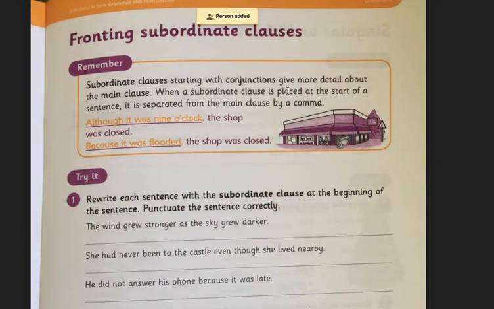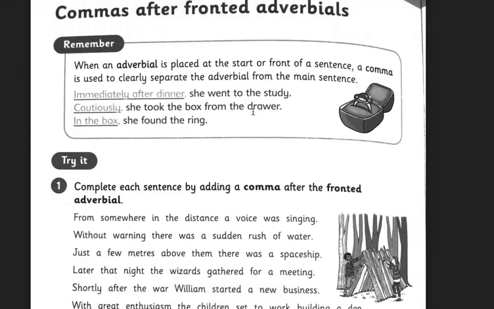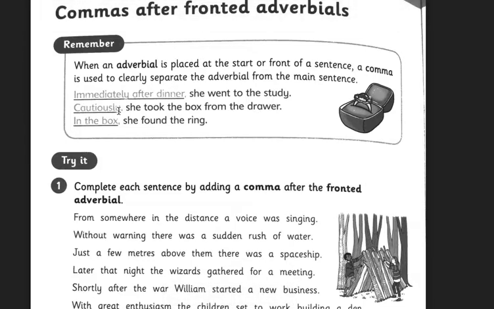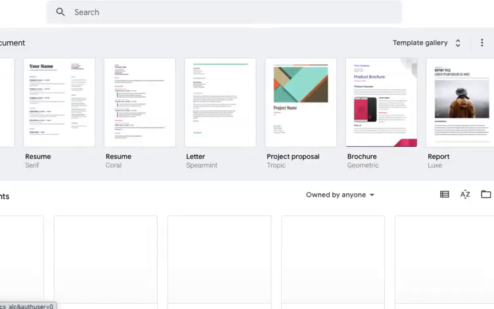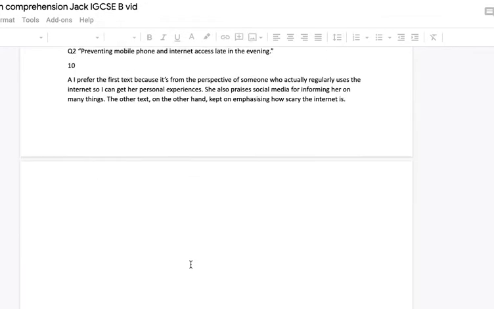Fronting subordinate clauses. Okay. Cautiously. And it's this cautiously, wearily, sadly, that we're looking at. So hang on, let me just put this in here. Let's just go back and then I will put this in your work. My recent document, there we are.